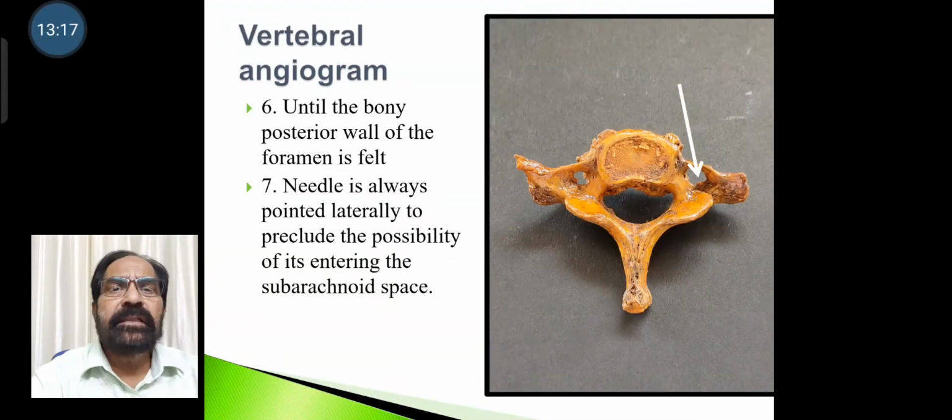And in this procedure, the needle is always pointed laterally to preclude the possibility of entering the subarachnoid space. So this is how vertebral angiogram is done.